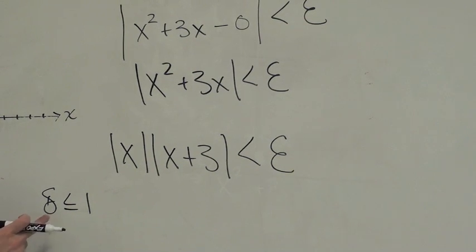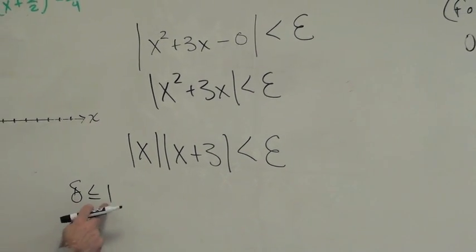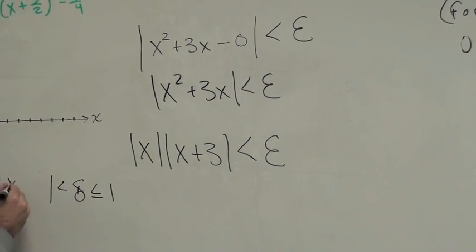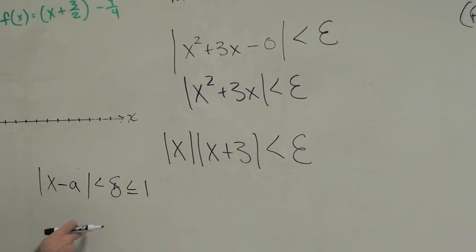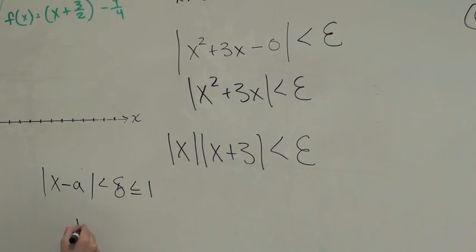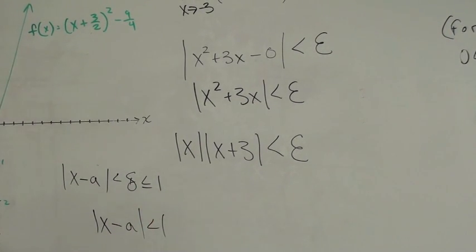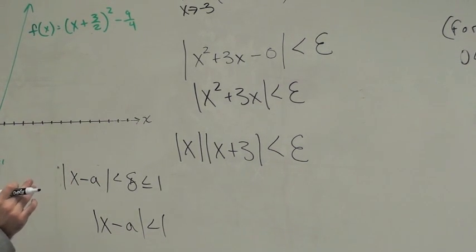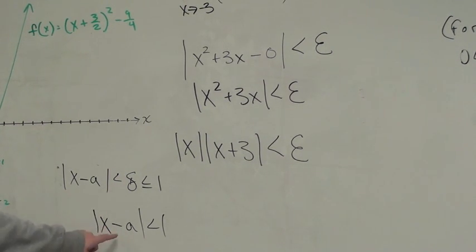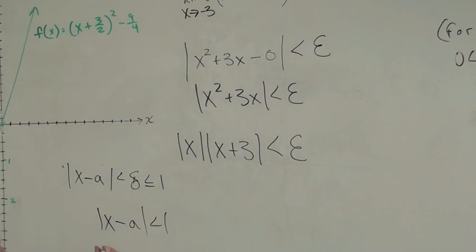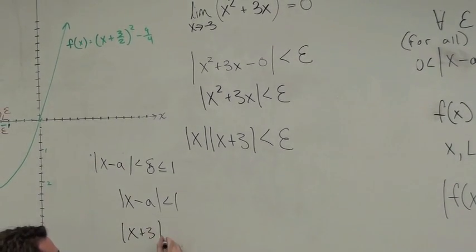So if delta is less than or equal to 1, and we know that the absolute value of x minus a is less than delta, we can say that it's going to be less than 1. In this case, the a was -3, so we have the absolute value of x plus 3 less than 1.